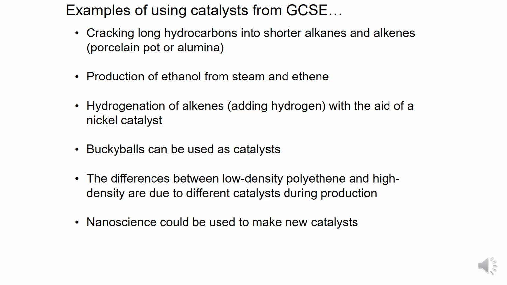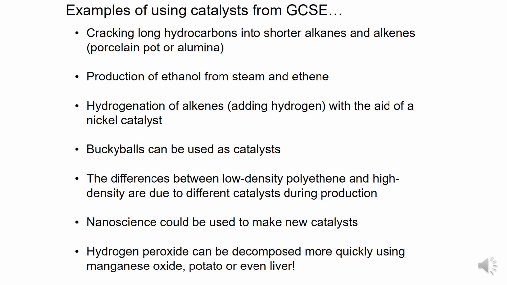A use of nanoscience or nanotechnology could be to find new catalysts for chemical reactions. And hydrogen peroxide can be decomposed more quickly using manganese oxide, potato, or even liver or blood. Now, some of those will come up at A-level, others are just interesting to know about. All of them could be used as possible frameworks for questions at A-level, where they give you information in the stem of a question.